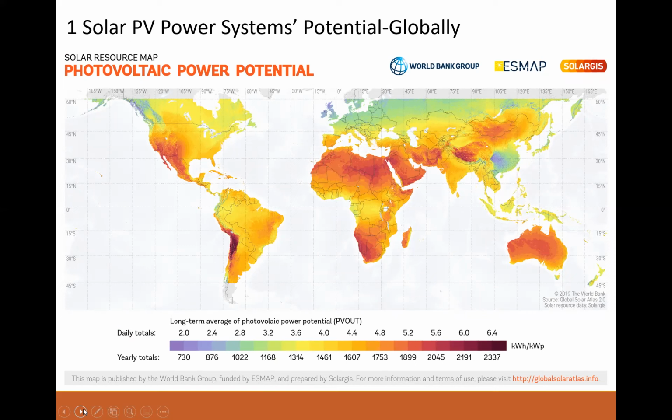We can see the various potentials for Africa, North America, South America, Australia, Asia, India, and of course, Zambia and other countries. This gives us a potential or expected generation capacity in terms of the kilowatt hour per kilowatt peak that is expected.